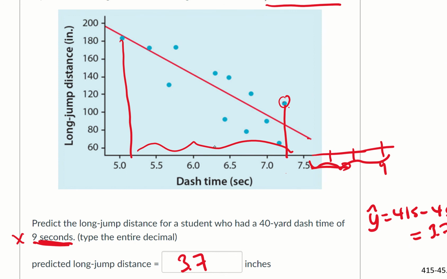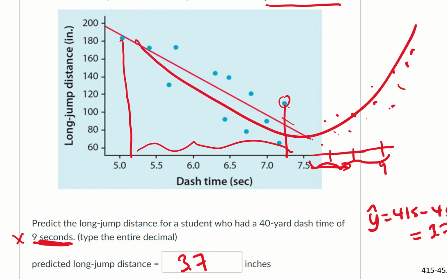Even though this data looks linear right now, we don't know that maybe after 7.5, the data starts looking like this, right? We're not sure about that. And if that's the case, then the data is no longer linear. It goes like this, right? It looks like a curve.